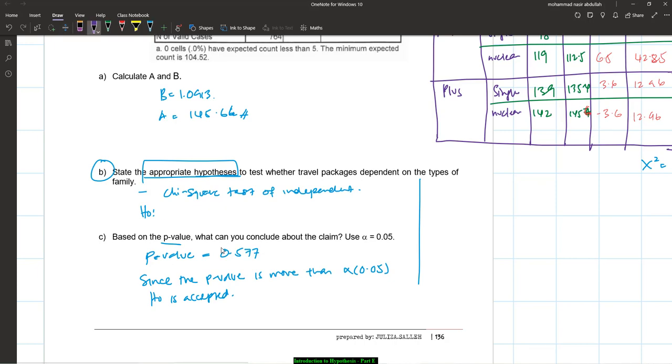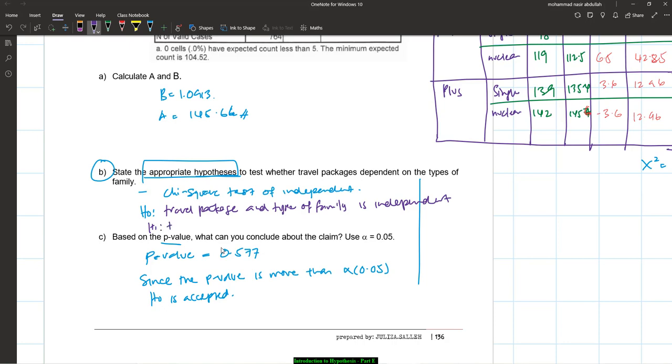The appropriate hypothesis: in other words, we can say the travel package and type of family is independent, right?